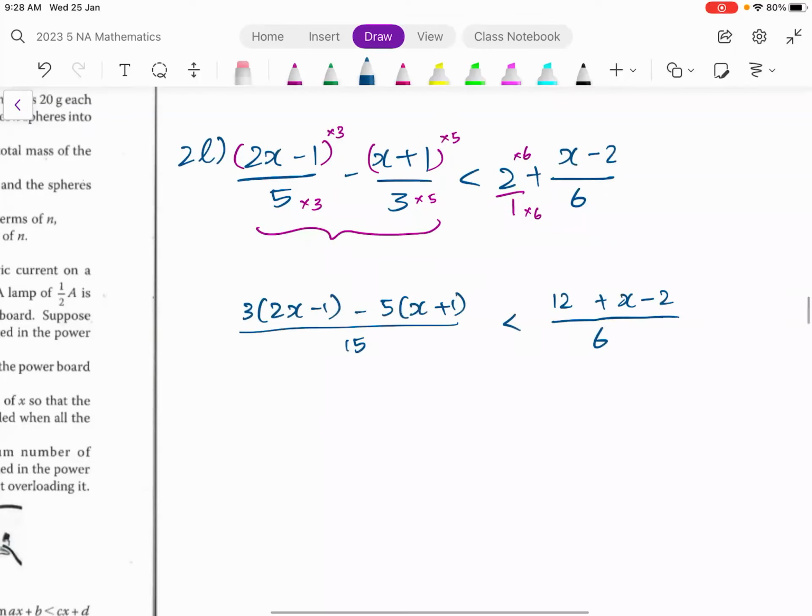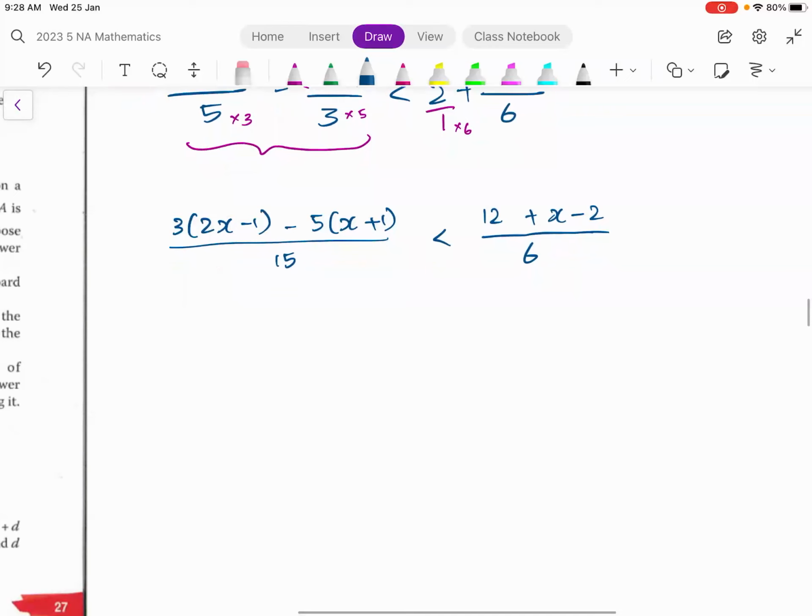Okay, at this step, then you expand. Do so this way with the negative 1, the negative 5, with the x and the positive 1.